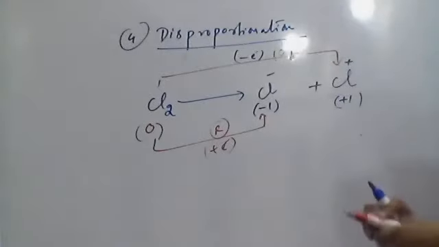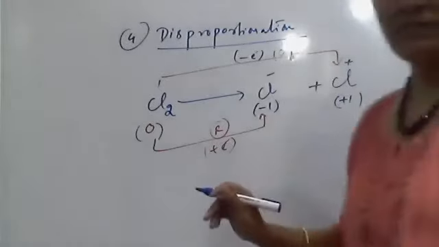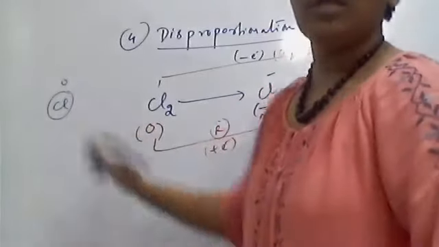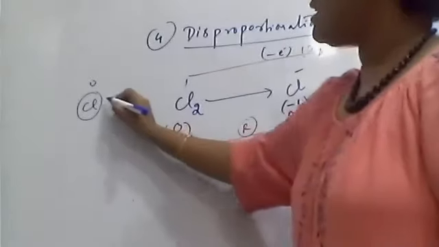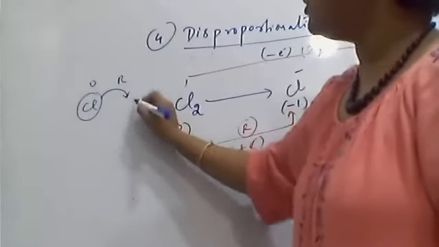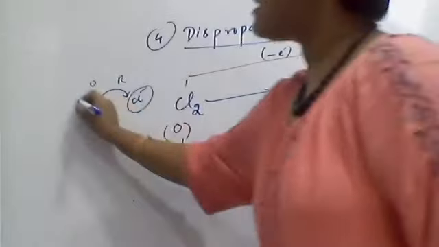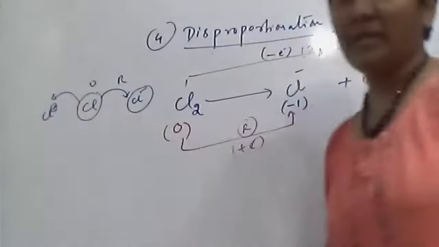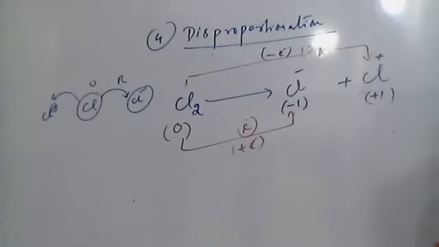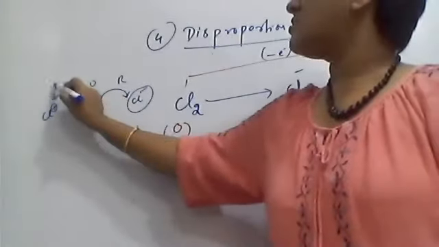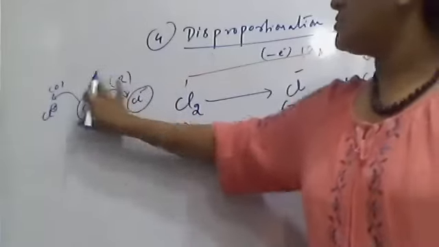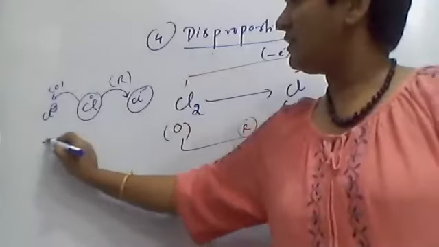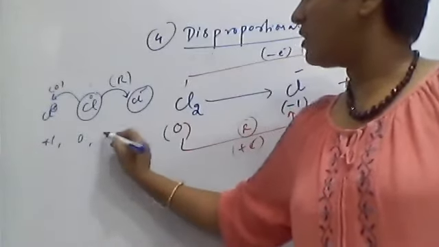So what do you see here? The chlorine, which was in the 0 oxidation state, itself is reduced to Cl minus and itself is oxidized to Cl plus. So here, plus 1, 0, minus 1.